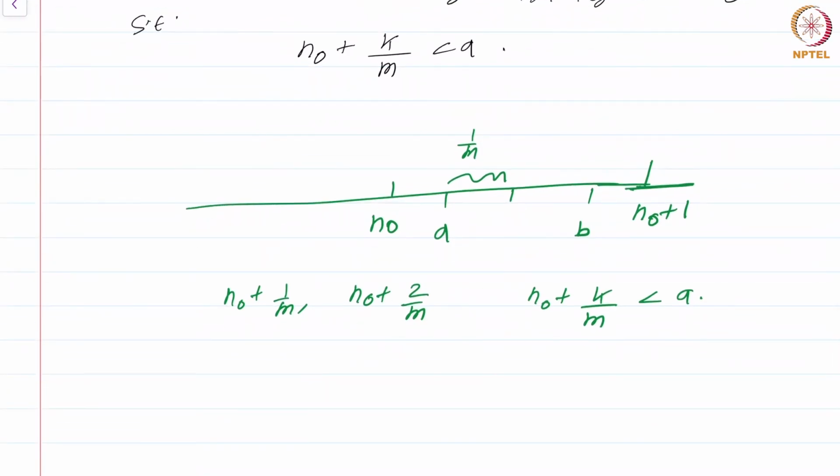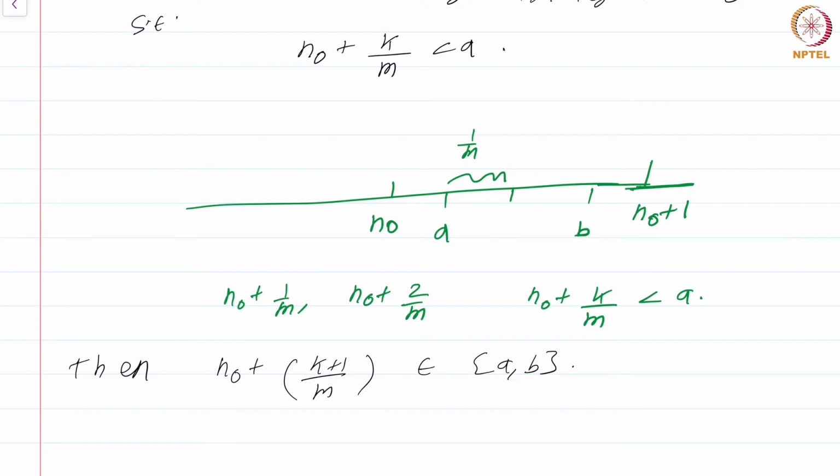Now we know that n naught plus k by m is less than a. That means n naught plus (k plus 1) by m will necessarily belong to (a, b). Why is this the case? Because n naught plus k by m is less than a, and 1 by m is less than (b minus a) by 2.